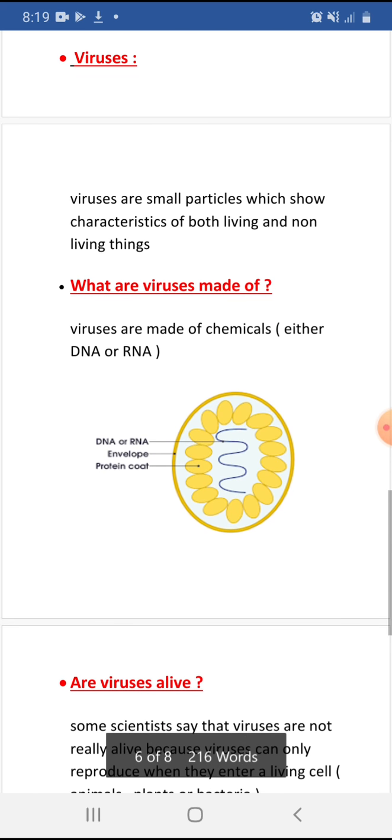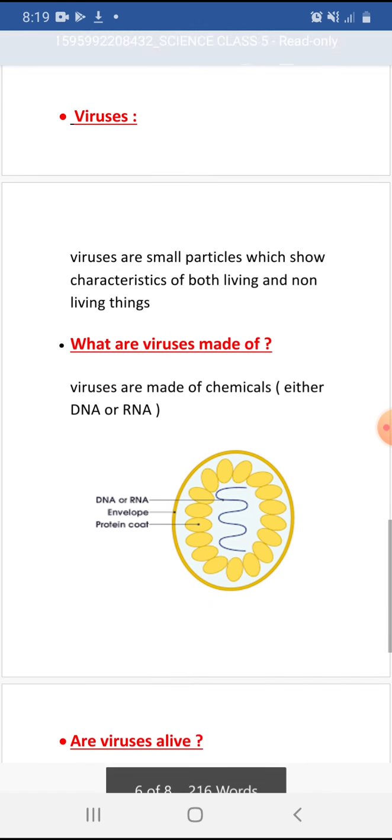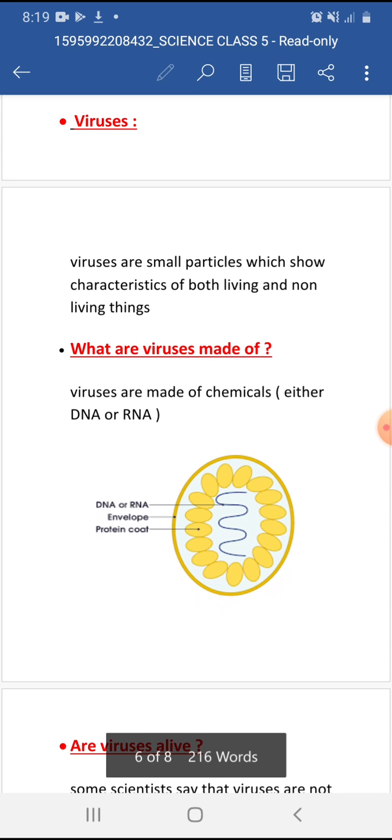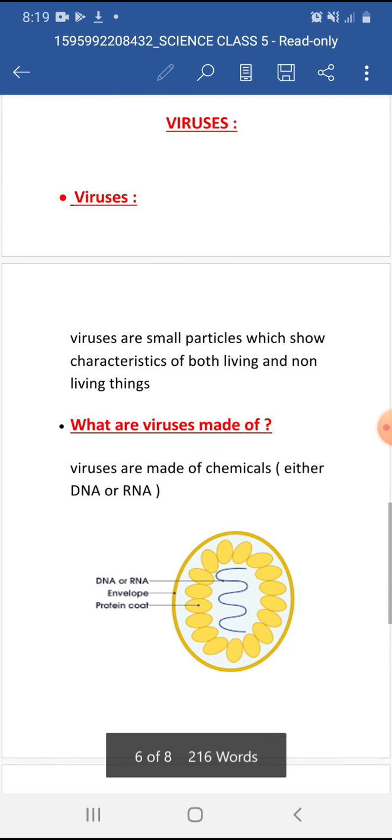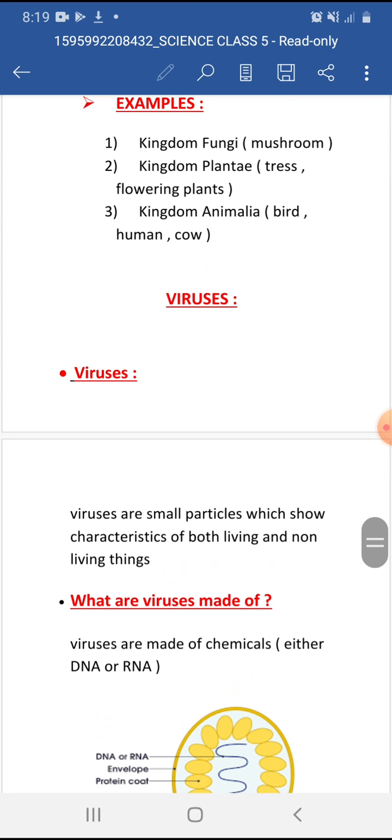Okay students, before going to the viruses, let's do the questions related to this topic. The questions are present on page number 13. The first question is, why is the classification of living things necessary?